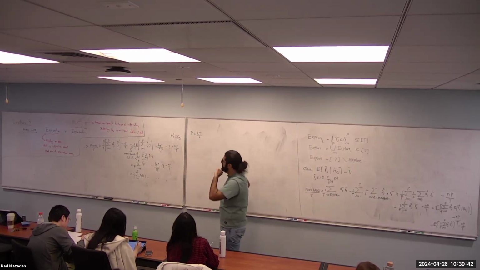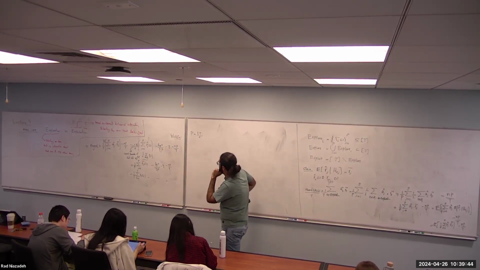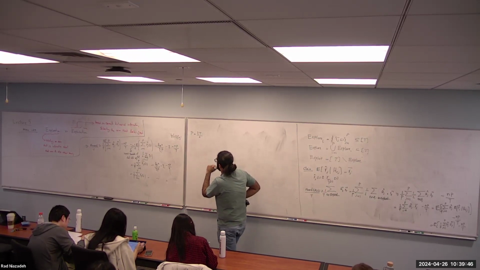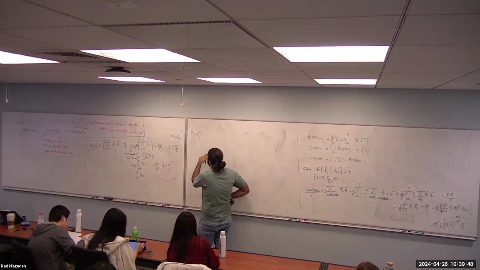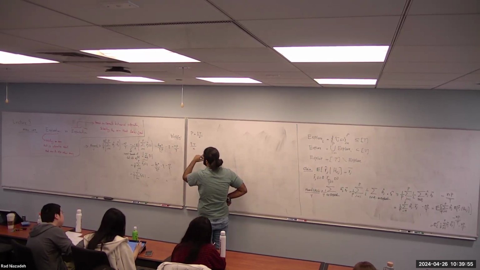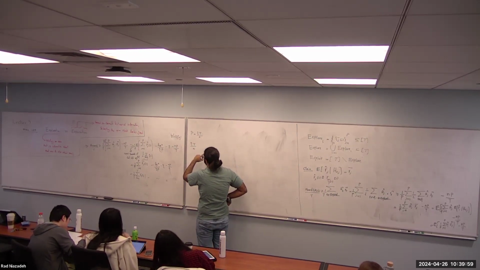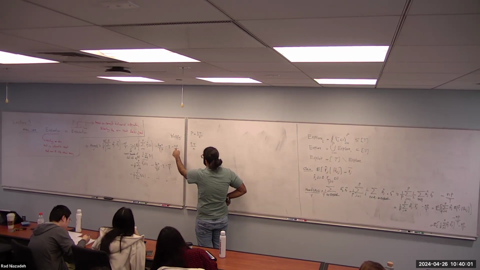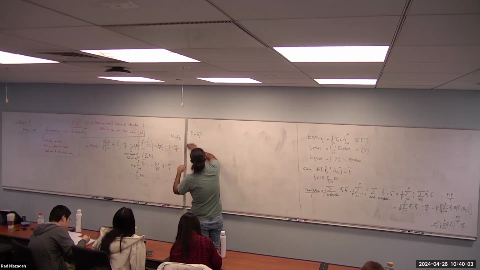Is that what we're going to do? Right, I think so. Now I have to equate eta times T divided by n. So p has to be eta times T divided by n.